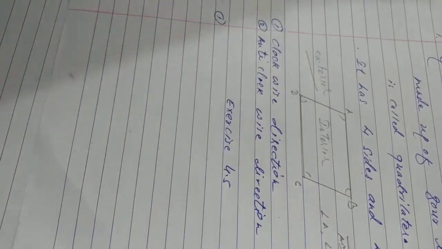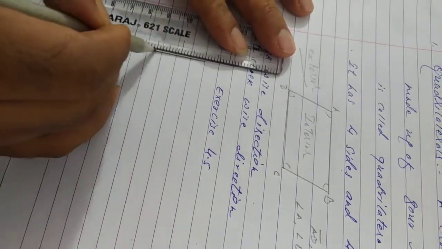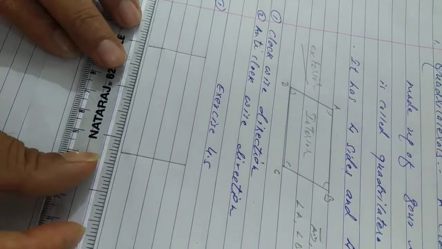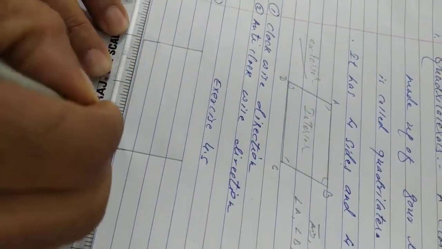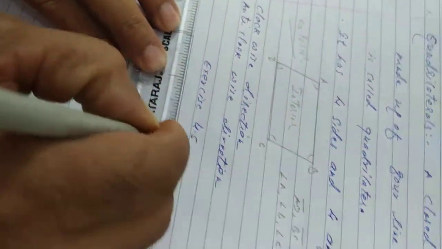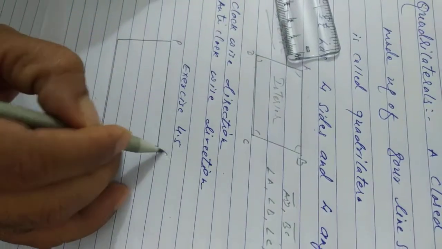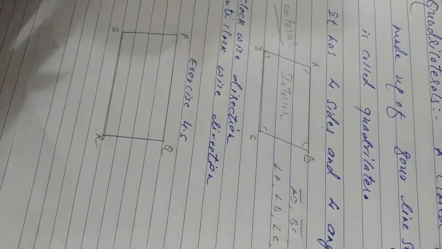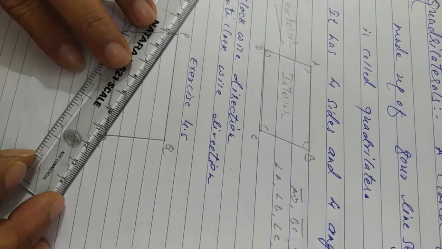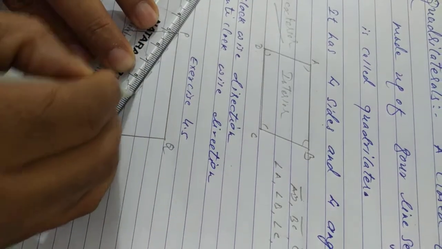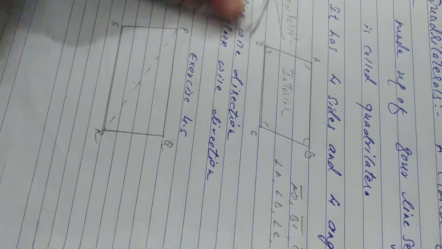Which quadrilateral do we have to draw over here? PQRS. Maybe this is the quadrilateral PQRS, and we have to draw its diagonals. See, diagonals means what? A line segment joining two non-consecutive vertices.